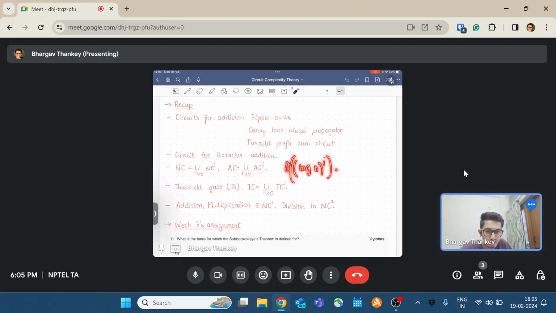AC^i is similar, the size is poly n, the depth is order log n to the i, but now you allow unbounded fan-in. And then we also saw the definition of a threshold gate and threshold circuits.